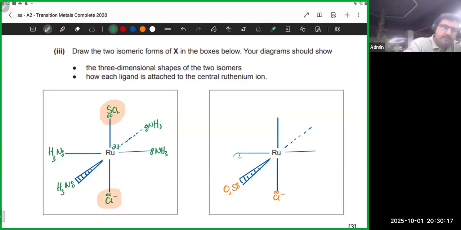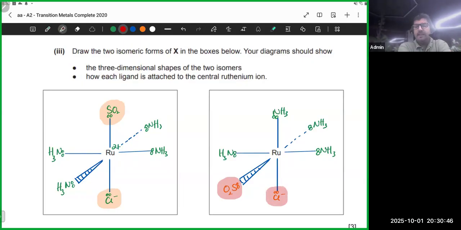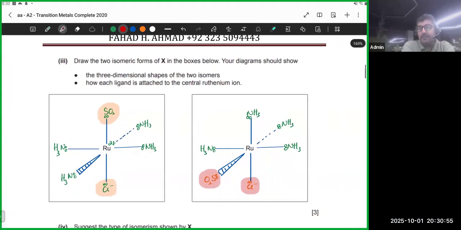And the ammonias are over here. So the difference now is that the SO2 and Cl are right next to each other. So one of them is trans and the other one is cis. To be clear, you've got cis and trans isomers in transition metal complexes. The ligands could be together or the ligands could be on opposite sides.